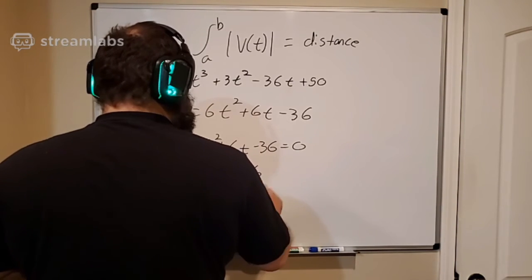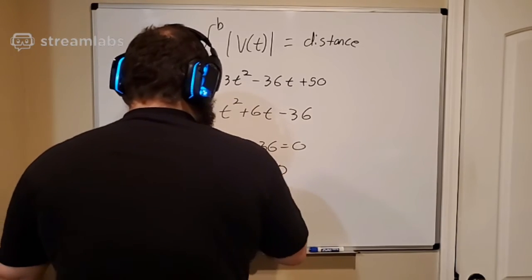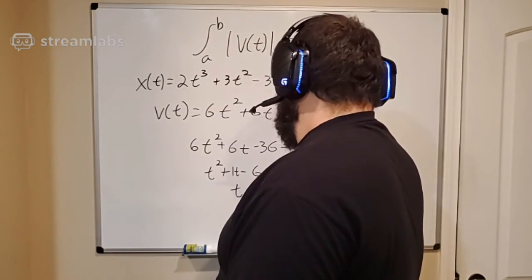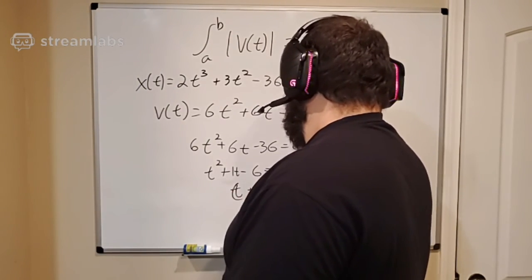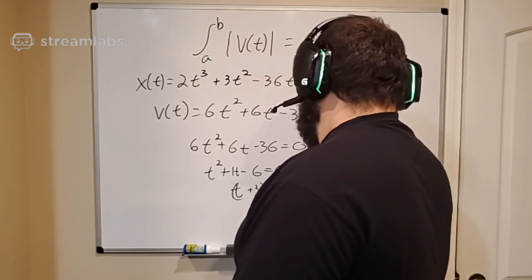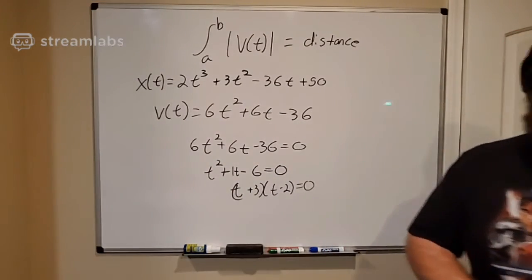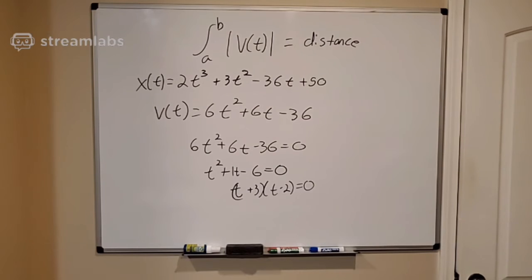Into t plus 3 and t minus 2. Oh, you said it equal to 0. Yes. So we looked at our velocity function and set it equal to 0 to figure out when the particle is going left or right, because that'll make a difference. So this tells me it possibly changes direction at t equals 2 and negative 3.